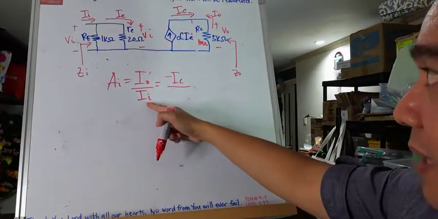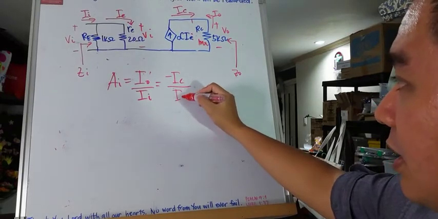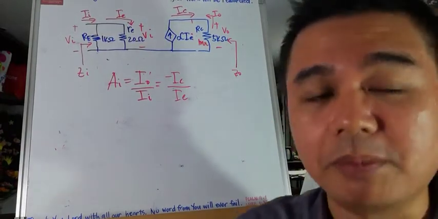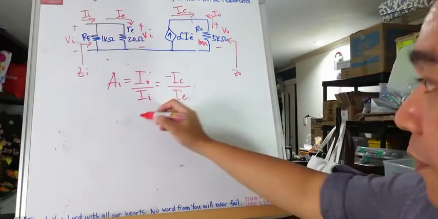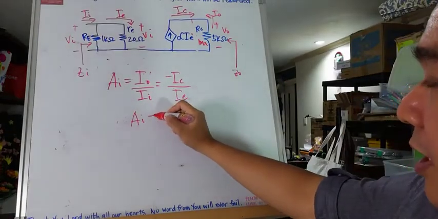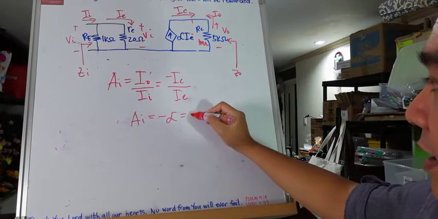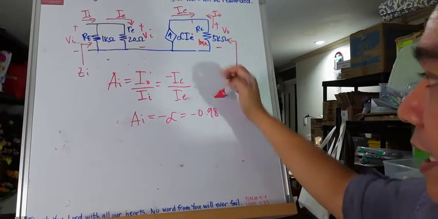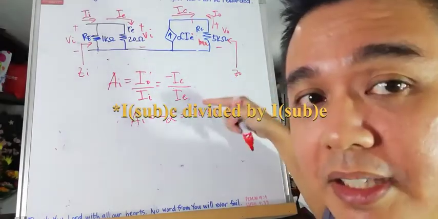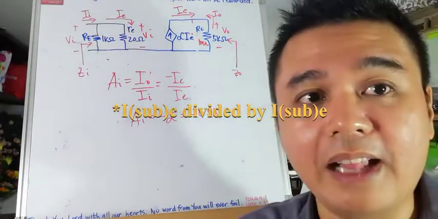So we can assume I sub I is also equal to I sub E. Again, small caps because AC parameter sila. Therefore, the current gain is equal to negative alpha, negative 0.98. Dahil ang I sub E divided by I sub E is equal to alpha.